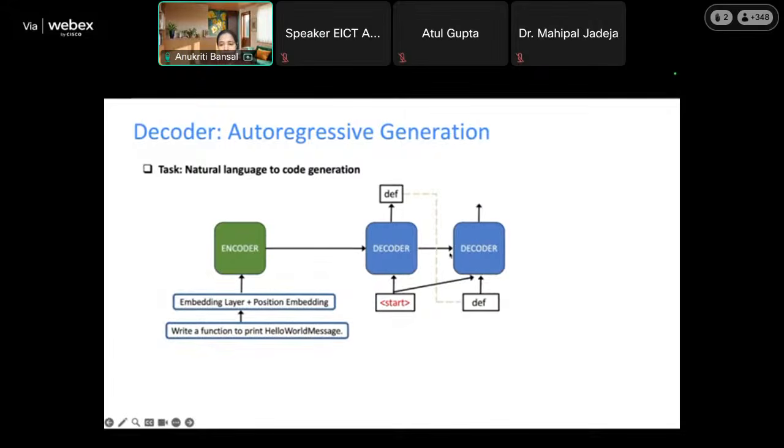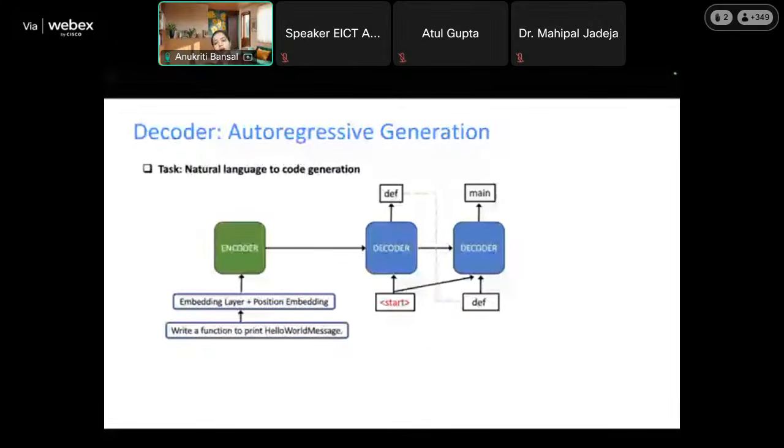The next decoder layer will take this "def", the token generated by the previous decoder. It will also take the previous token which was fed to the previous decoder, and generate the next token. And this is called auto-regressive generation.